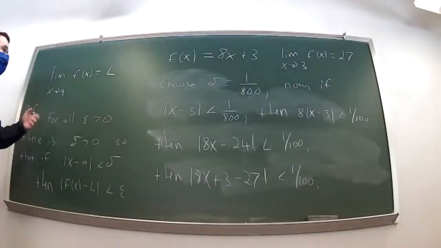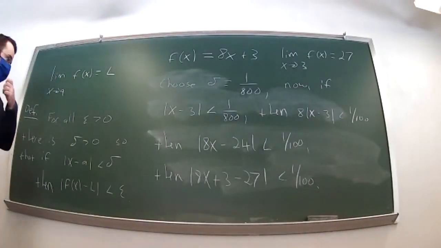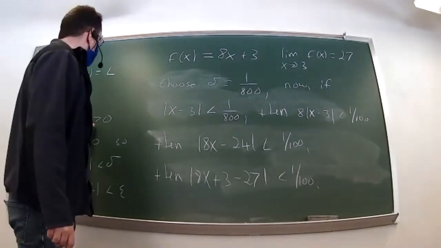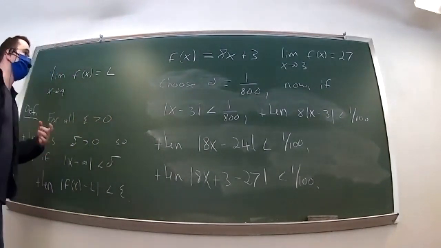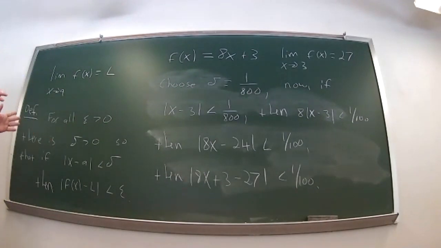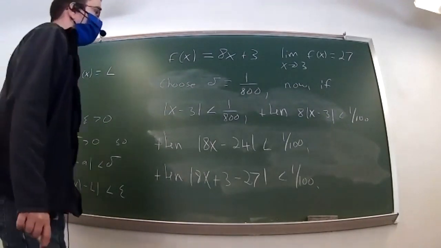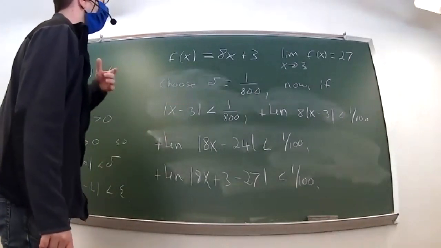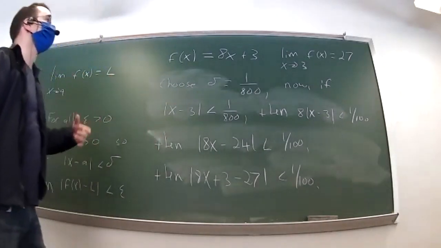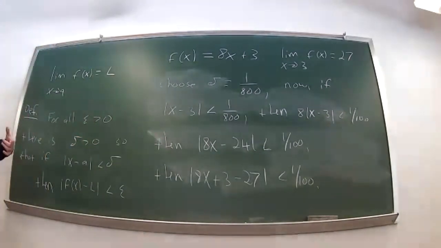So I was given the challenge that epsilon be 1 over 100. Can you find a delta such that if my range of x's is within distance delta of 3, that proves that my y values are always going to be within 100th of 27? And the answer is yes.